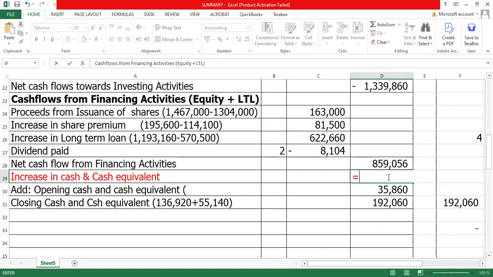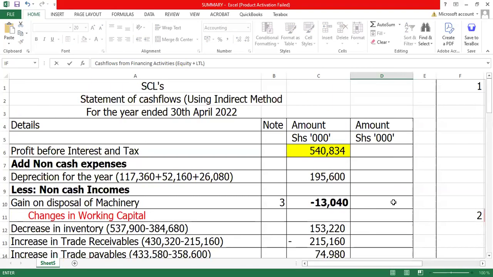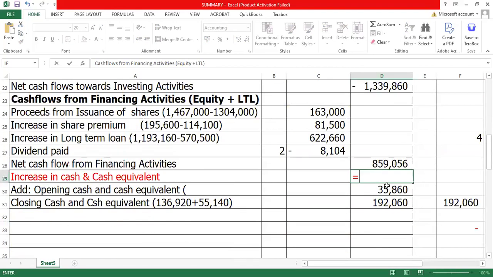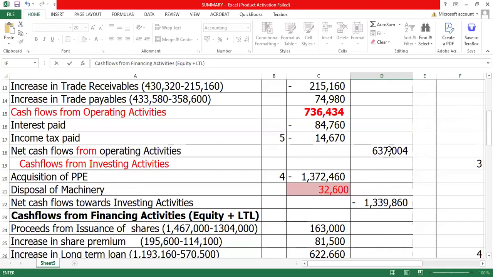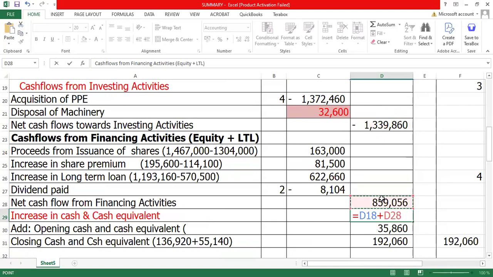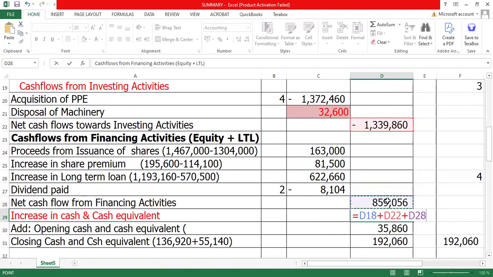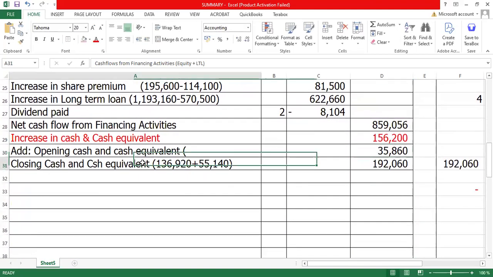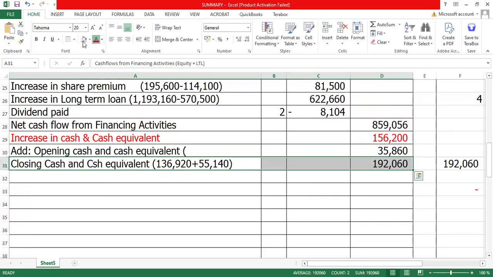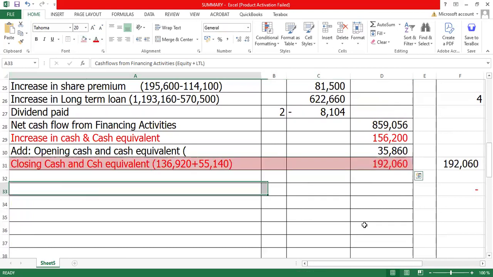You get this plus this plus this. I believe your things will balance, and that's all.